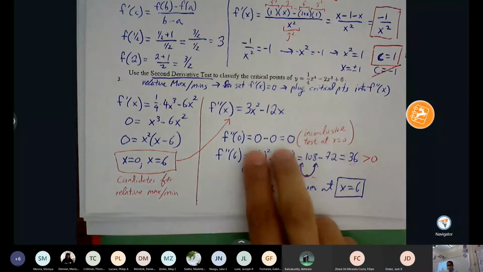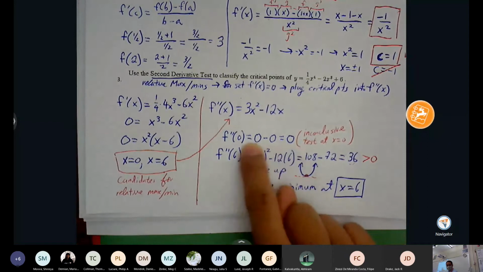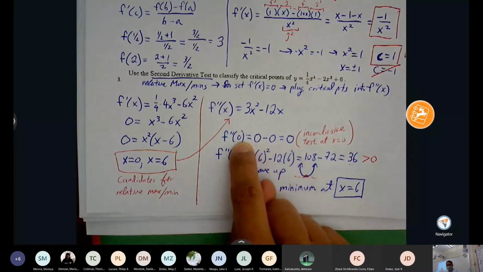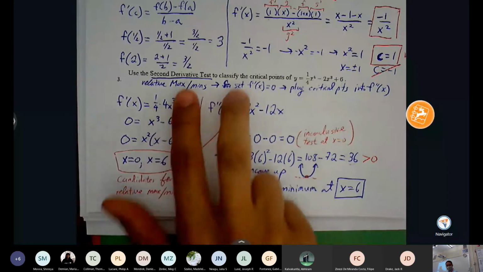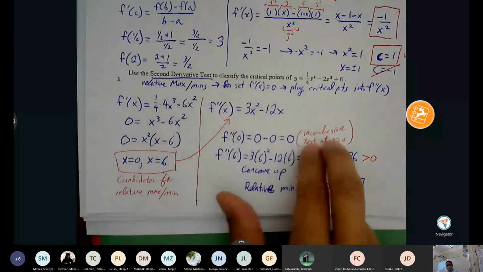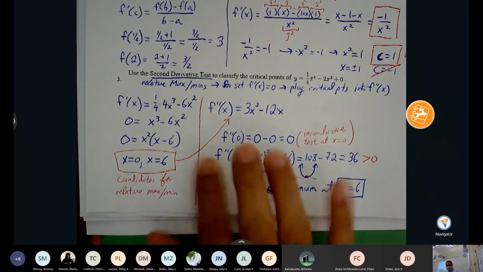This is not a good test for what's happening at 0. A better place to see what's happening is the first derivative test, create a sign line, but if you get a 0, just say inconclusive and move on. All right, anything else?